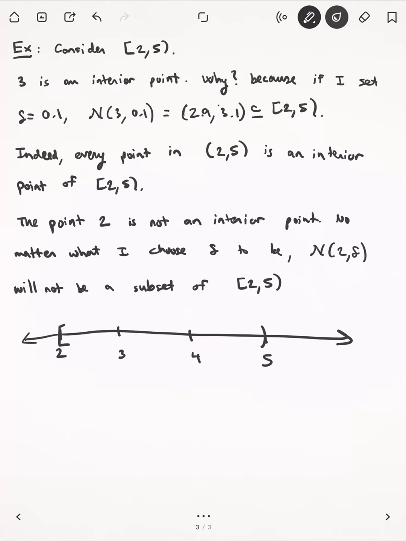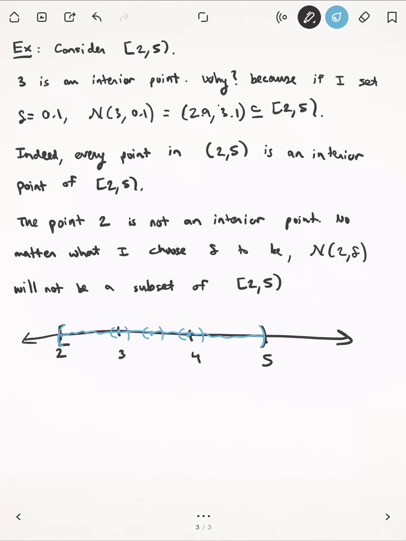And remember, the claim is that any number in this open interval I drew is going to be an interior point. So 3 we showed clearly is an interior point because I can draw a nice interval around 3. 4 is an interior point. Whatever this number is right here is an interior point.